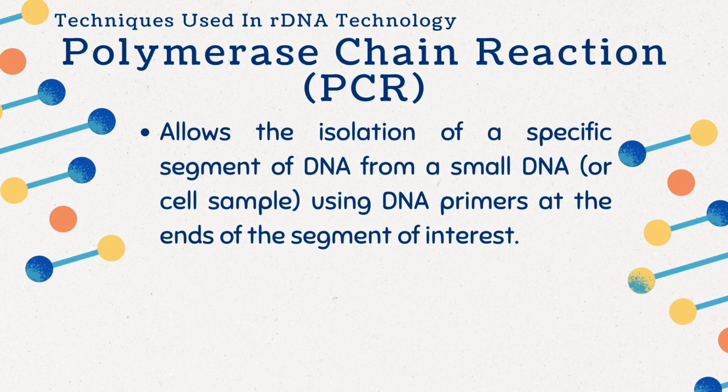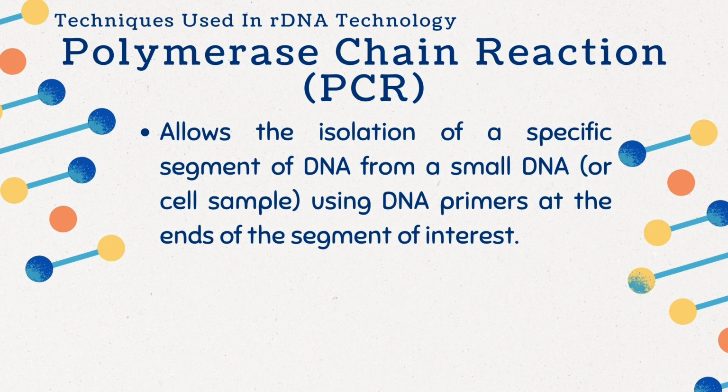It involves taking a small sample of DNA or cells and using DNA primers to isolate a specific segment of the DNA. The DNA primers are located at the ends of the segment that researchers want to study.